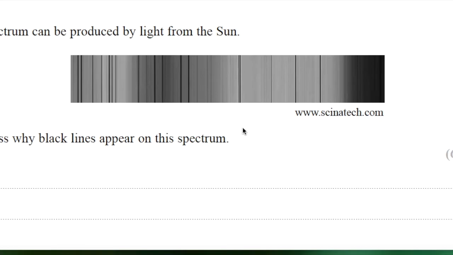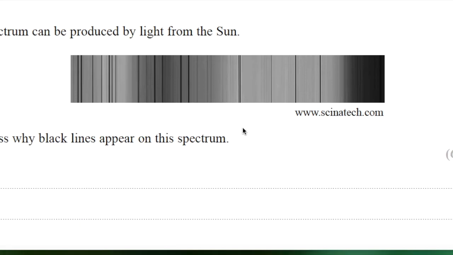All right. Now here, what would be the first point? You're supposed to discuss why black lines appear on this spectrum. The first point, you definitely have to start by writing about electrons. The atoms in the atmosphere contain electrons. That's a very simple statement, but it is a fact, so you have to mention that. That's one point.